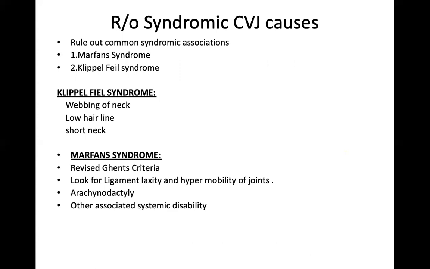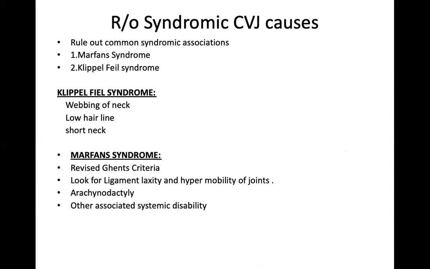You should know that at times examiners have an uncanny habit to ask you what features you will look for in Down syndrome, even if it's not a Down syndrome case. And that is why you should also know what percentage of Down syndrome patients have CV junction anomaly, what percentage usually has AAD, and why, what is the cause.